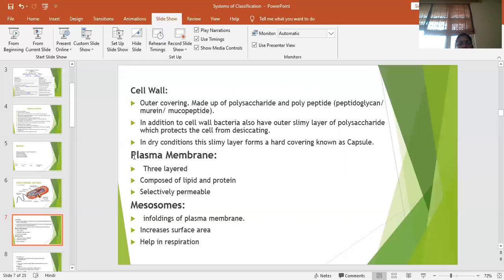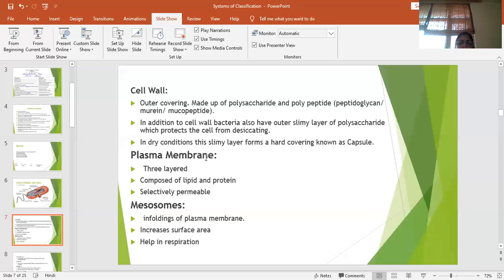The innermost layer is the plasma membrane. Children, plasma membrane is a structure which is found from bacteria till animal kingdom everywhere, and it has the same structure. In bacteria, it is made up of lipid and protein, and same way it is found in plants and animals also.